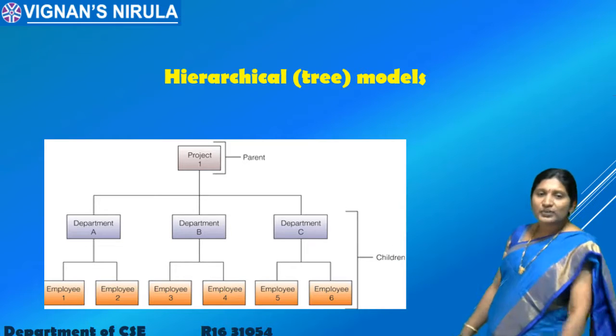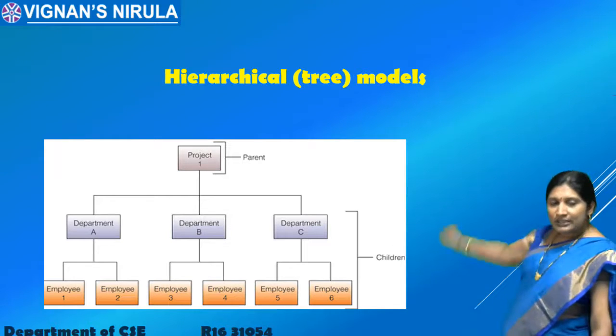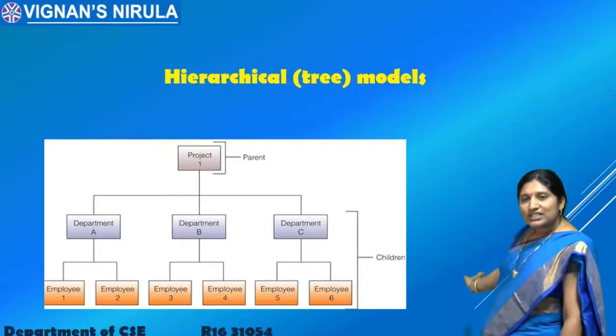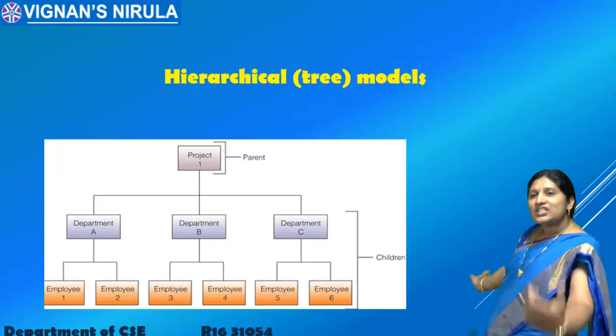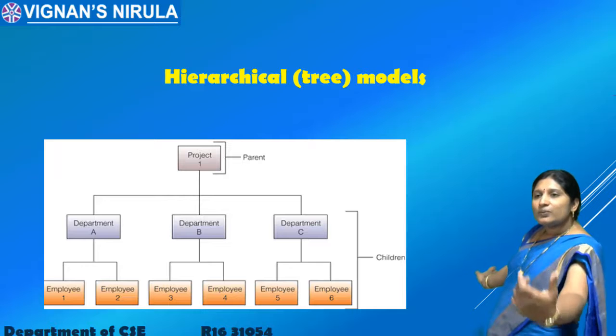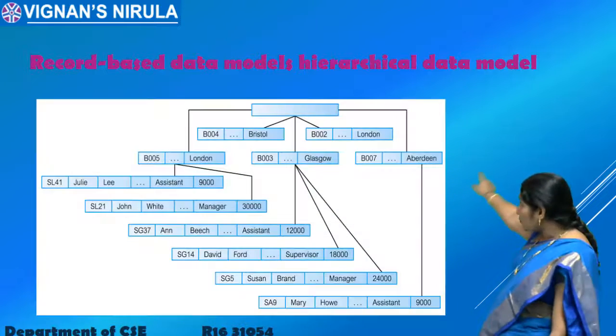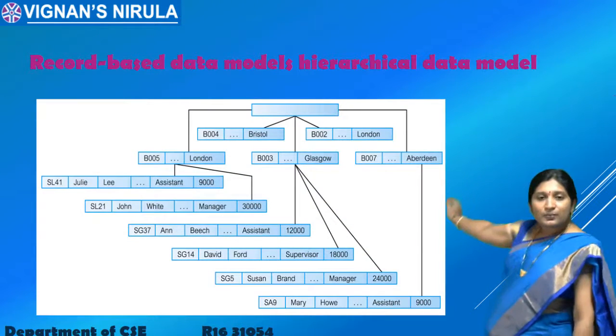Let us see a record-based example for the hierarchical data model. We may have several kinds of records that have been represented. For each and every record also, we establish the parent-child relationship. The topmost record is the parent.